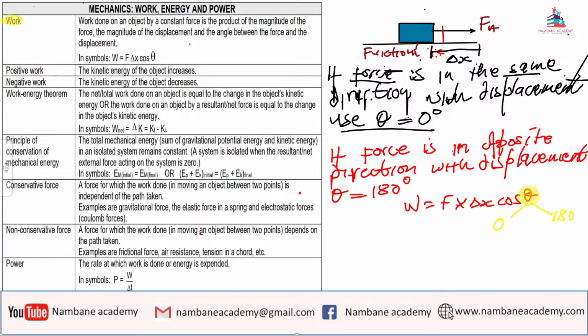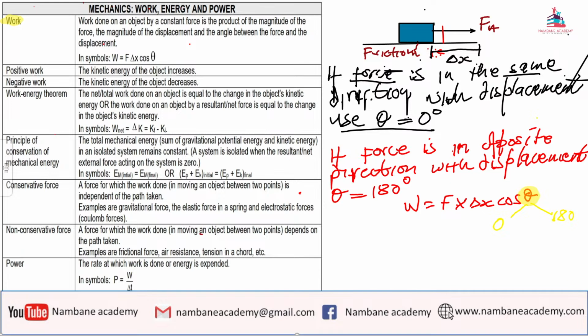Now, there will be questions in an exam that ask, is the normal force doing work on an object? When we draw, let's take yellow, we are going to have our normal force in this direction, which is always upwards.